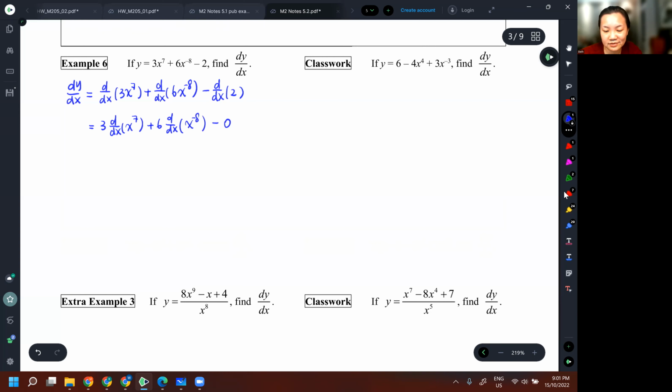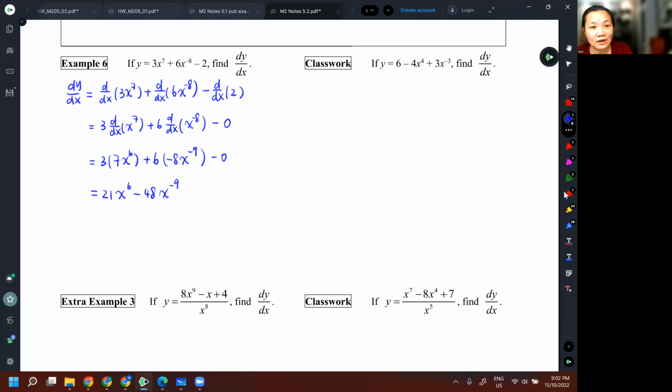And then you minus 0. I told you that we use the constant rule very often. You can see why we use that now. And then this is 3 times 7 x^6 plus 6 times -8 x^-9, minus 0. Then you get 21x^6 minus 48x^-9. You can leave your answer like that. You don't have to write the fraction. Classwork. When you're done, raise your hands. This time I will just check the answer with you.